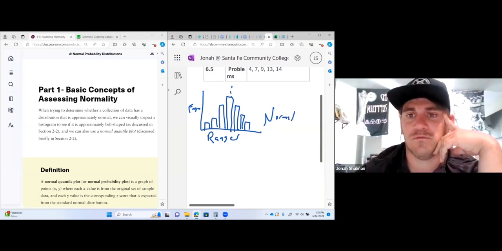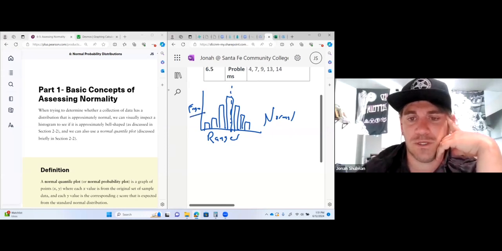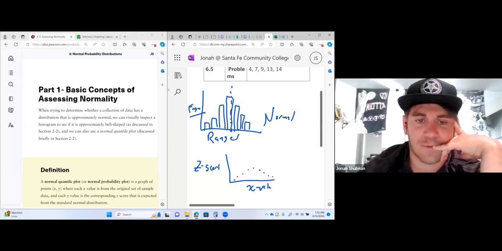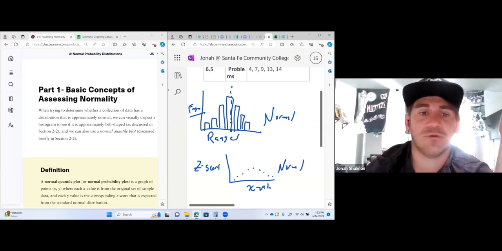Now, instead of having the frequency over here, we have the z-scores. We've got our z-scores over here. So we'll still have the same x values or ranges down here, but now we're just looking at the z-scores and we'll see if it's normal. That's pretty cool.